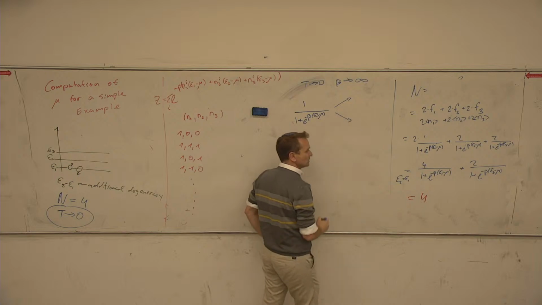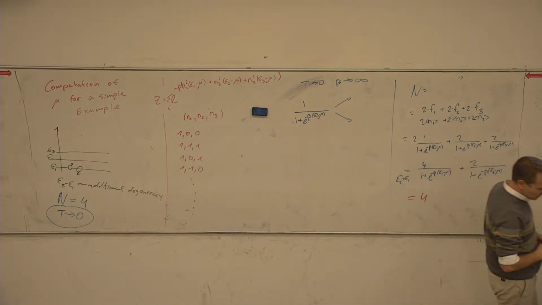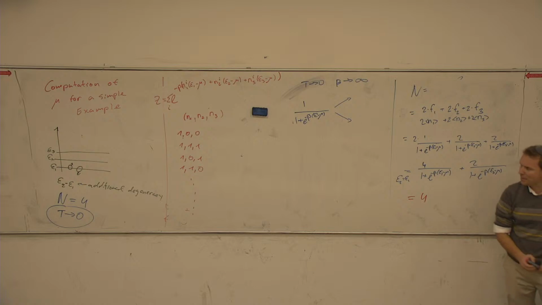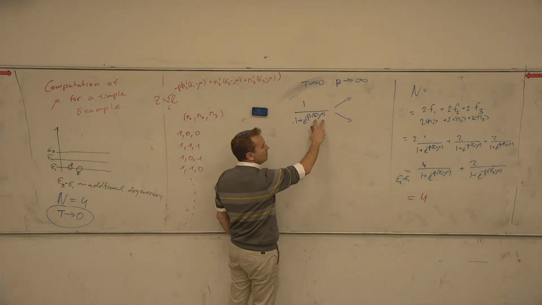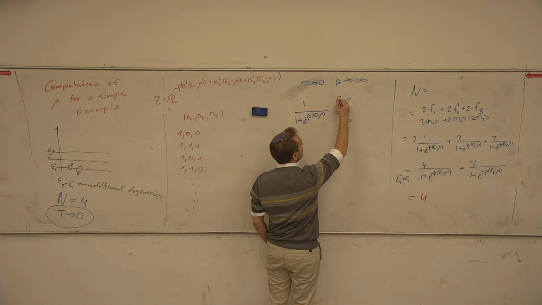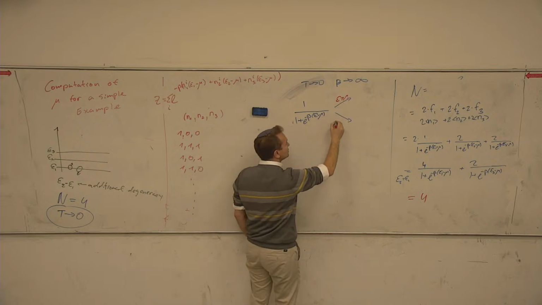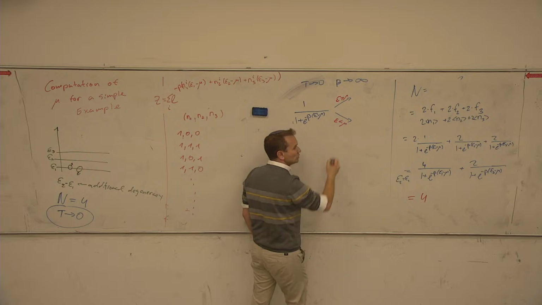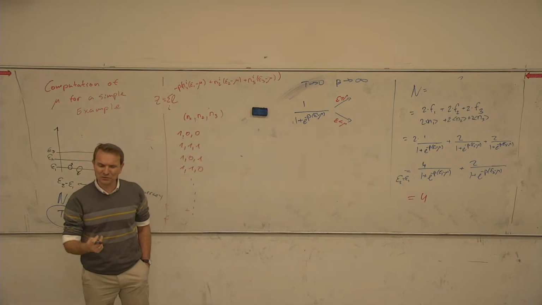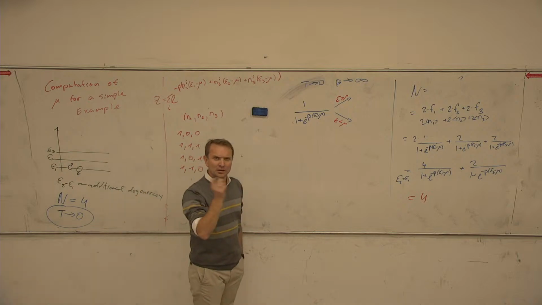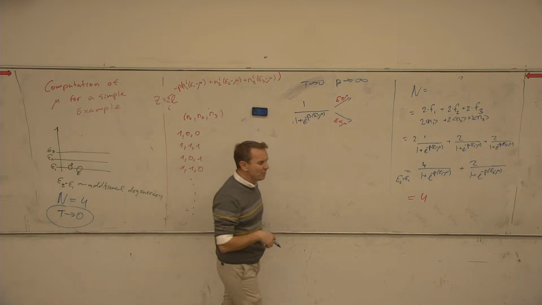So we have two options, right? The first option is when epsilon is larger than mu, and the second option is when epsilon is smaller than mu. If you remember, it's the same argument we were using for the occupation probability, below Fermi energy and above Fermi energy.